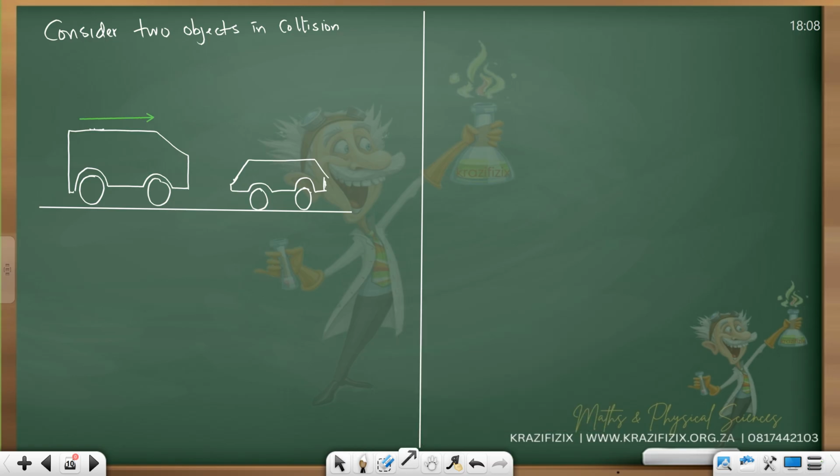These guys are moving in opposite direction and they collide. We have a driver in the first one and a driver in the second one. Who do you think is likely to get more injured? The driver in A or the driver in B?